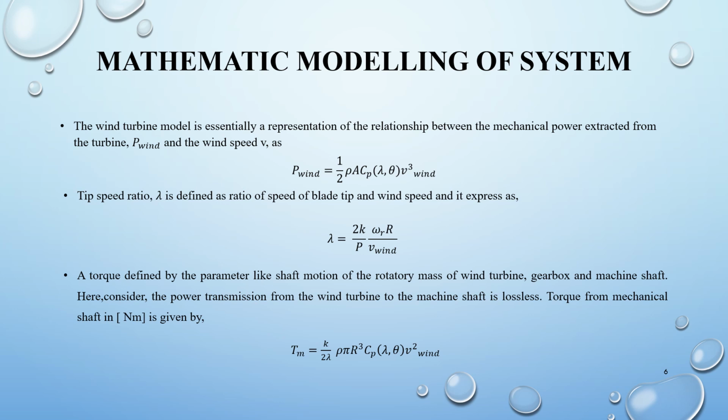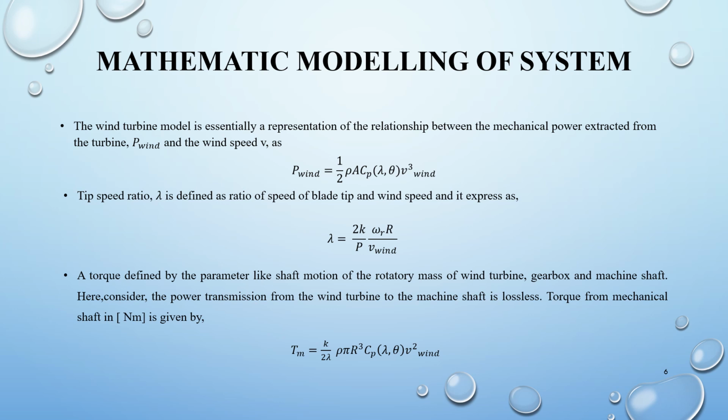Now, tip speed ratio lambda is defined as the ratio between the speed of the blade tip and the wind speed, and it is expressed by lambda is equal to 2k by p into omega r divided by v, wind speed. Torque is defined by parameters like the motion of the rotary mass of the wind turbine, gearbox, and machine shaft.